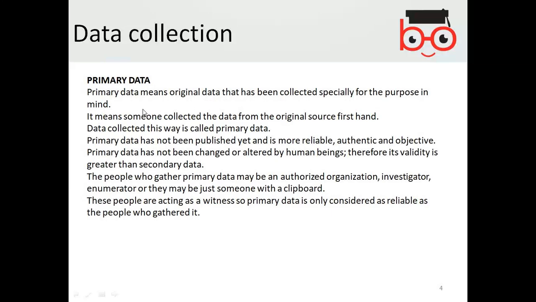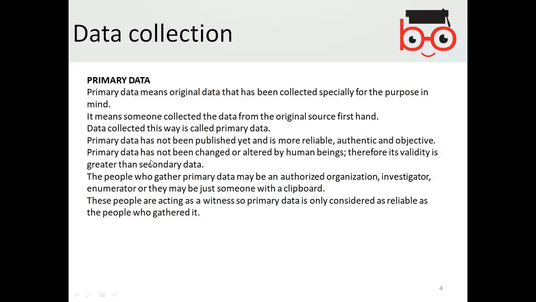It means someone collected the data from the original source first hand. You have original data from experiments. It is not the case that someone else did the research and you are trying to understand or use that data in your research.